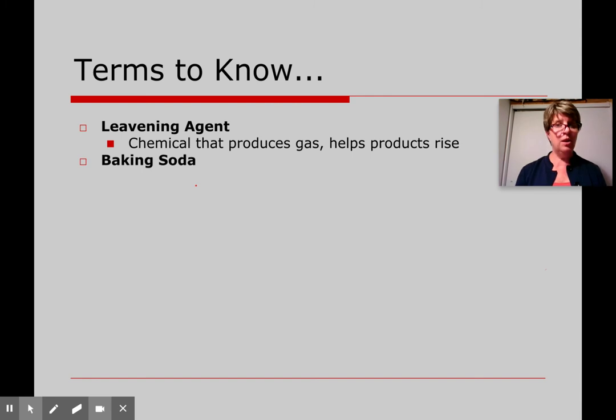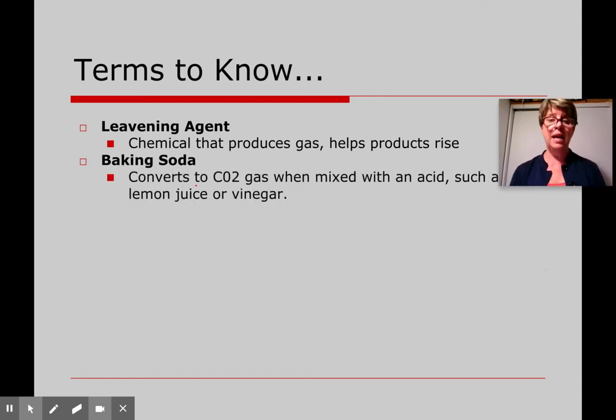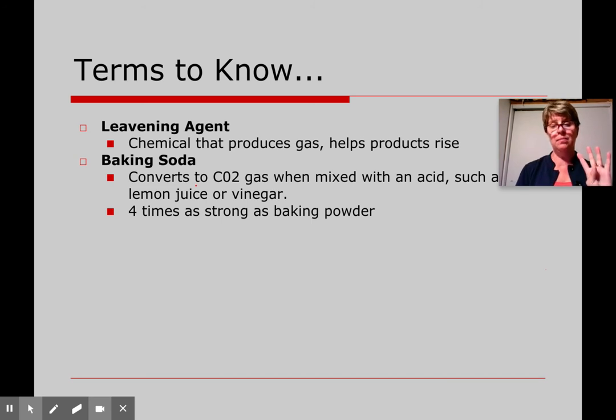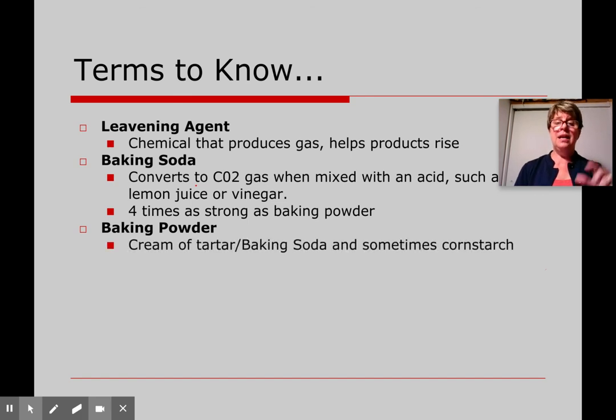Another term I want you to know, of course, is baking soda. Baking soda converts to CO2 gas when mixed with an acid, such as lemon juice or vinegar, and is 4 times as strong as baking powder. Now, baking powder is a combination of baking soda and cream of tartar, and sometimes cornstarch.